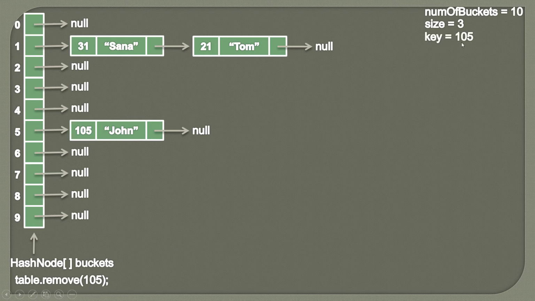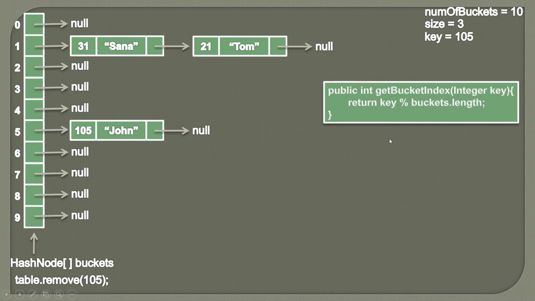At the first step we pass this key to our hash function, which takes the key divided by buckets.length, which is the number of buckets, and returns the remainder, because here we have the modulus operator. Whatever remainder is returned is nothing but our index where we can find that particular key. If we divide 105 by 10, we get remainder 5. So the bucket index becomes 5.